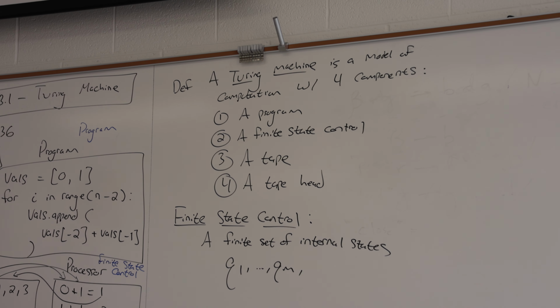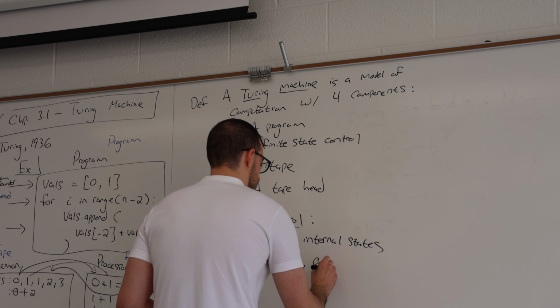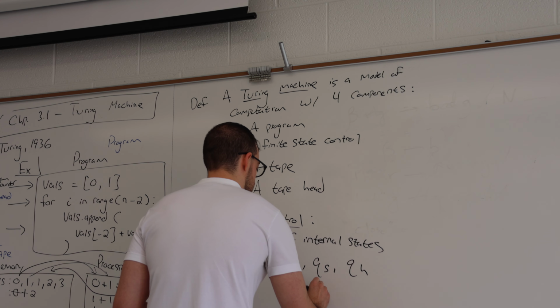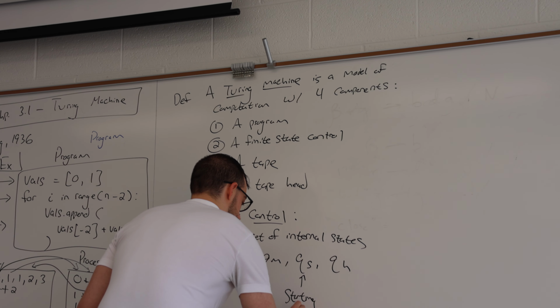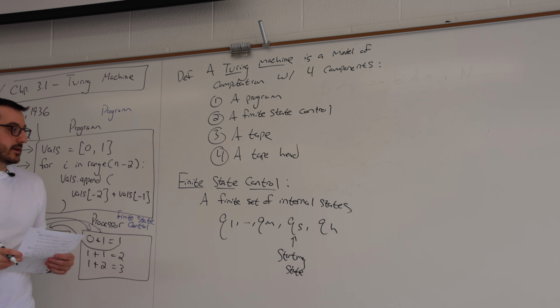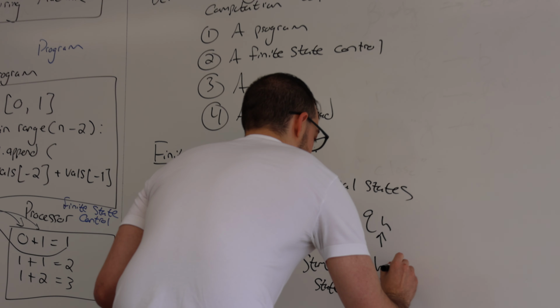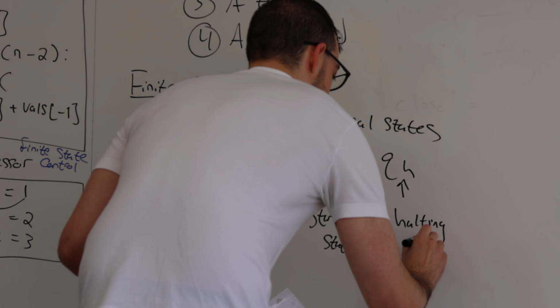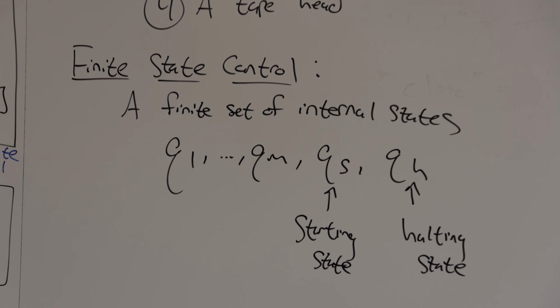And then there's going to be two additional special states, Q sub s and Q sub h. Q sub s is going to be the starting state, which from the term you can guess that's what our Turing machine is going to start in. And then Q sub h will be the halting state. When we hit that state, the Turing machine will stop or will halt.